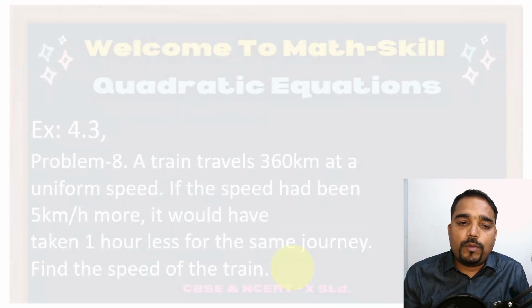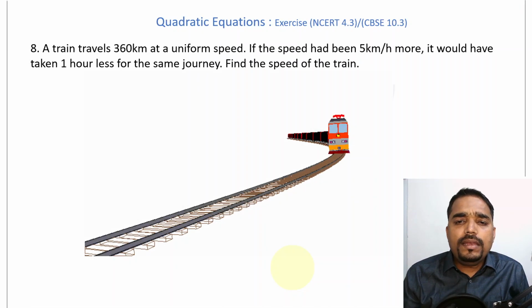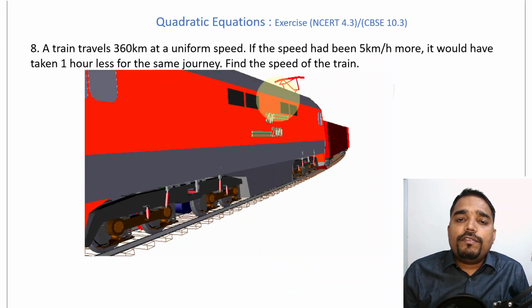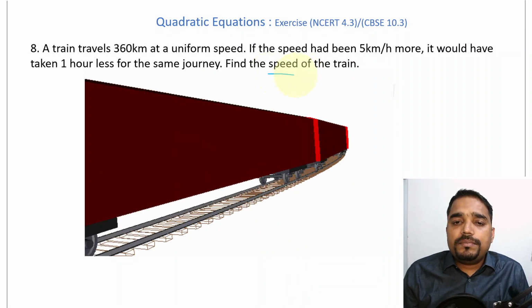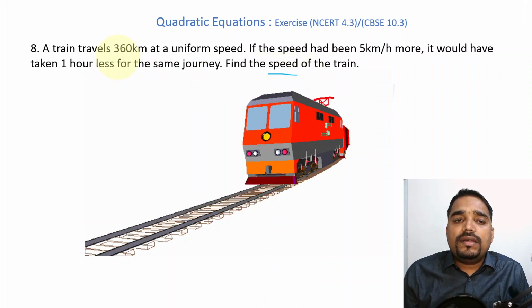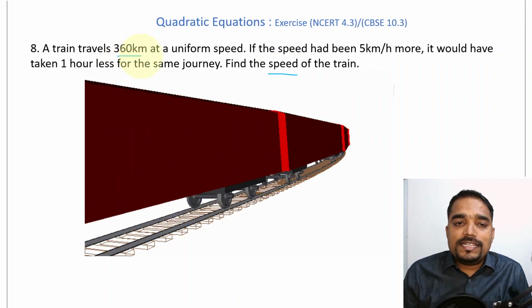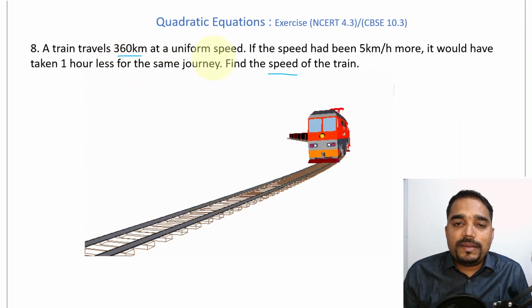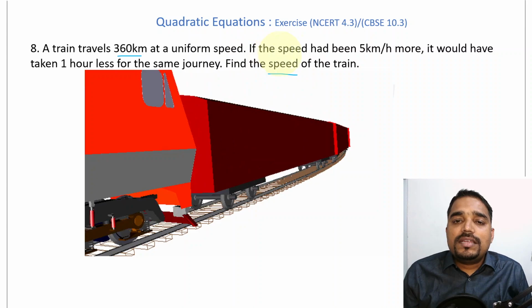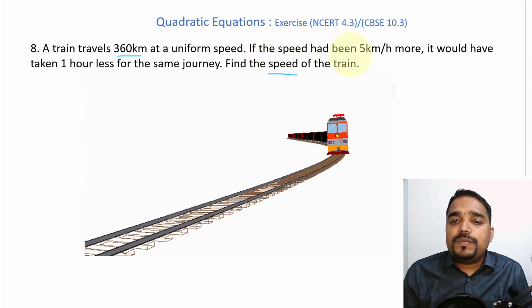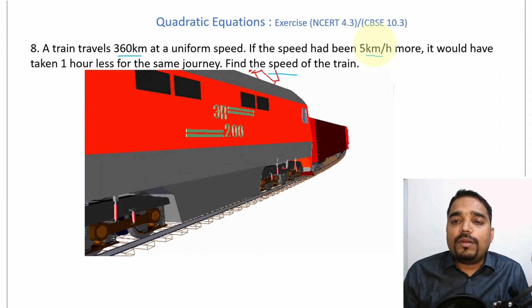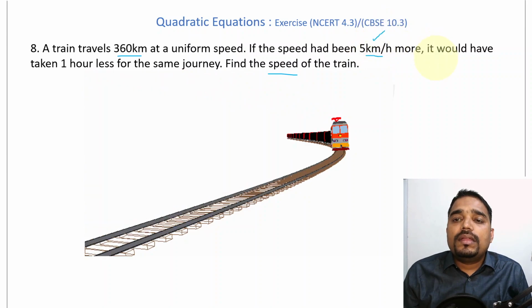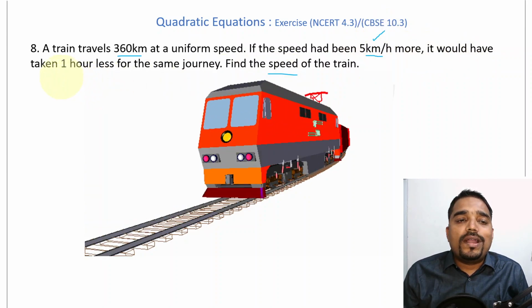I have noted down the problem, wherein the expectation is that we have to find the speed of the train, which travels a distance of 360 kilometers at a uniform speed. Now the condition is, if the speed had been 5 kilometers per hour more, then it would have taken 1 hour less.